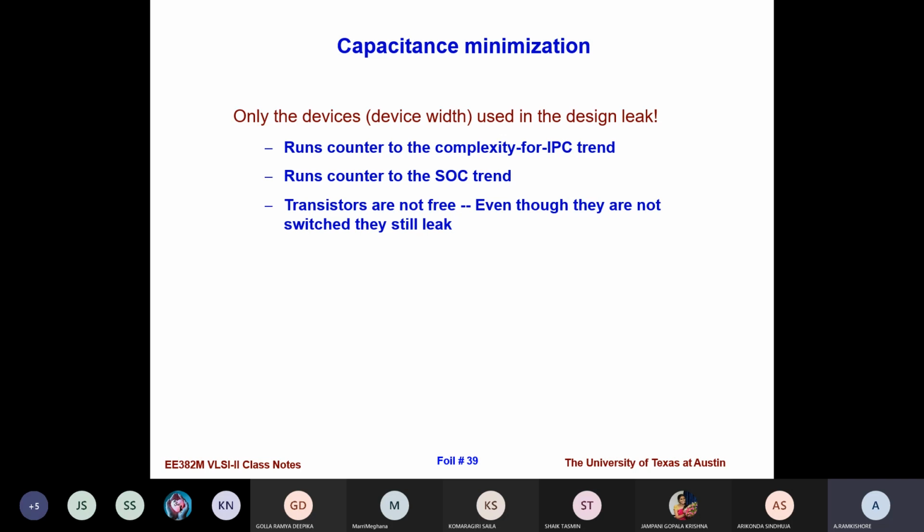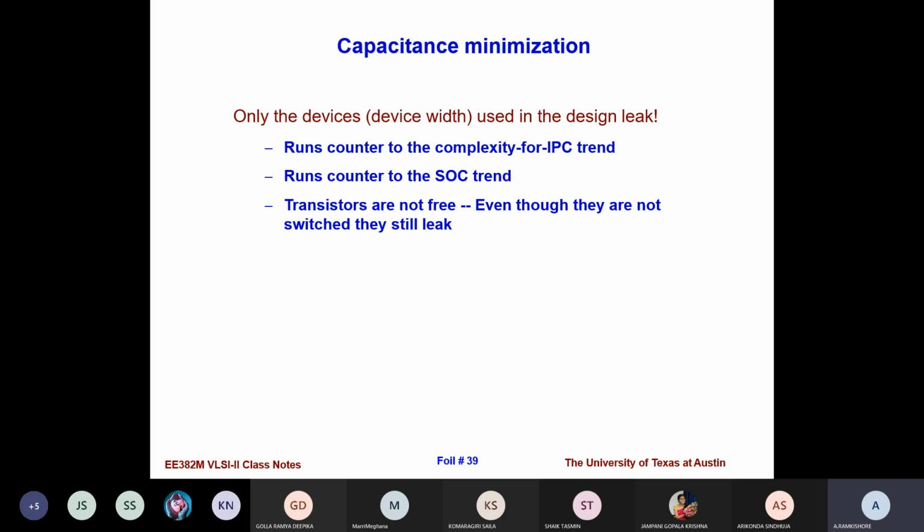Capacitance minimization is done with the help of the device width of the circuit. Whenever we design the transistor, based on the length and width, by maintaining proper length and width of the channel, we minimize the capacitance values of that device.